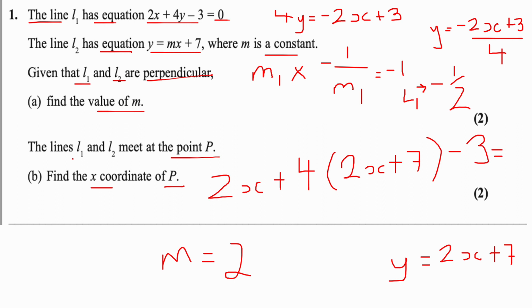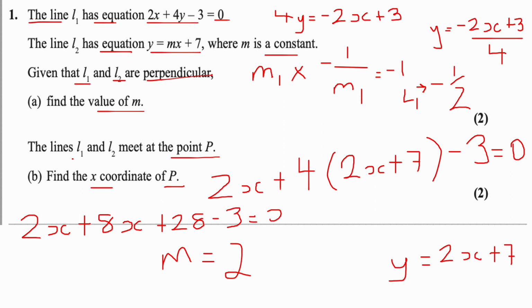Now, expanding this single bracket and collecting like terms, I get 2x plus 8x, as 4 lots of 2x is 8x, and 4 lots of positive 7 is positive 28, take away the 3 has to equal 0. Hopefully it's making sense so far.